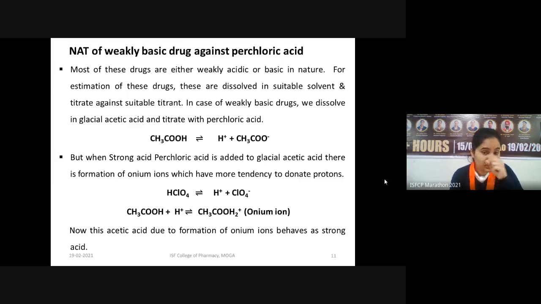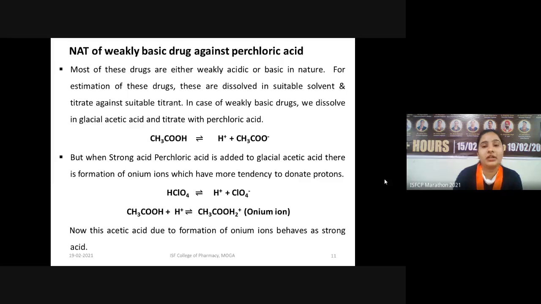Now, most of the drugs which we consume are either weakly acidic or basic in nature. For the estimation of these drugs, we have to dissolve them in a suitable solvent, and then titrate against a suitable titrant.